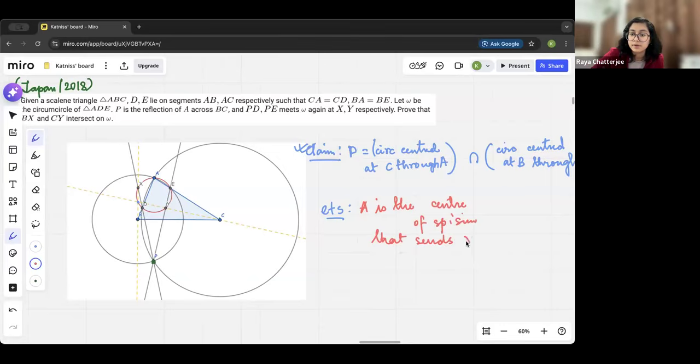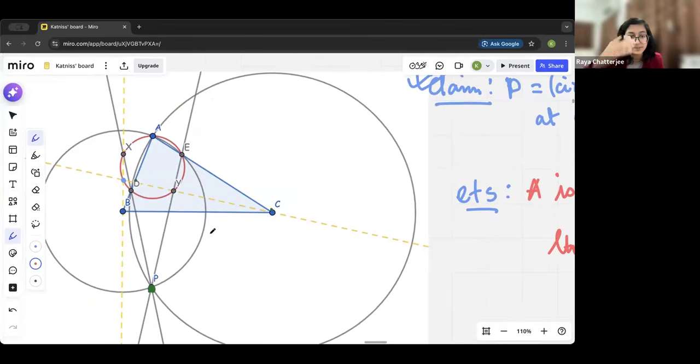Great job. And why is it enough to show? I'll just say that real quick. If A sends XY to BC, then XB intersect YC is going to lie on the circumcircle of AXY and ABC, right?